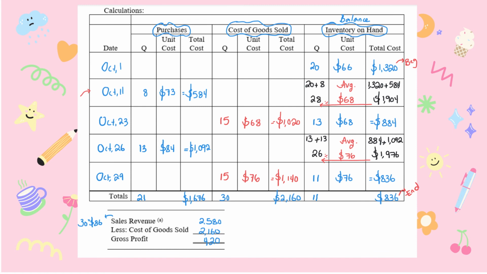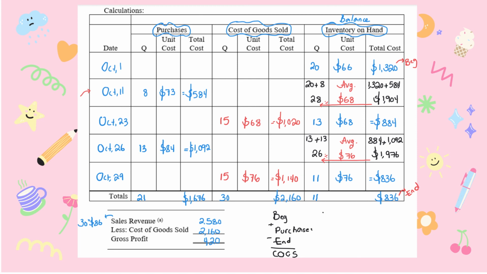Now let's check our answers. We have this equation, which is beginning plus purchases less ending equals cost of goods sold. Beginning balance is 1,320, purchases is 1,676, ending is 836. Then you need to check with this number.